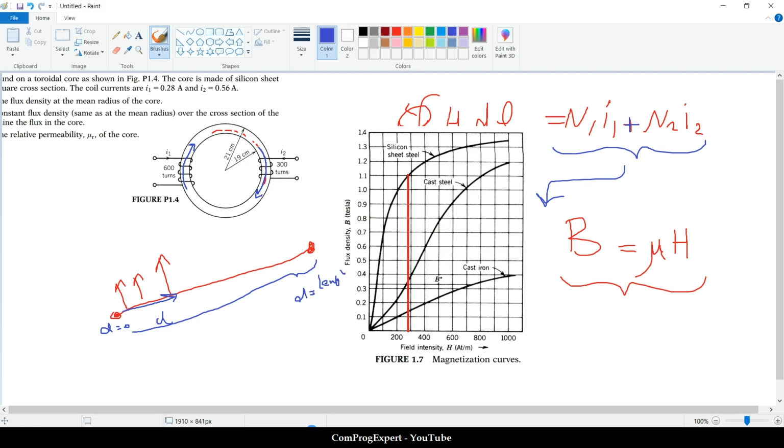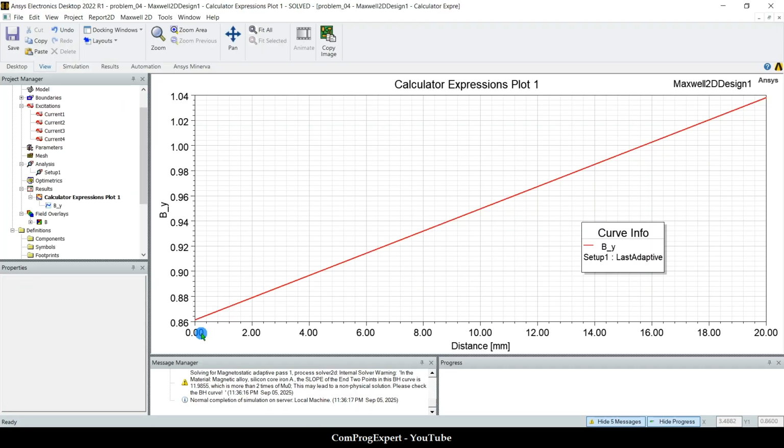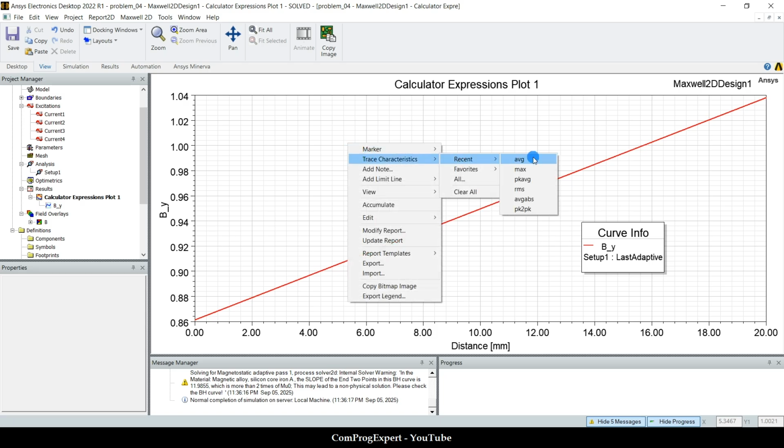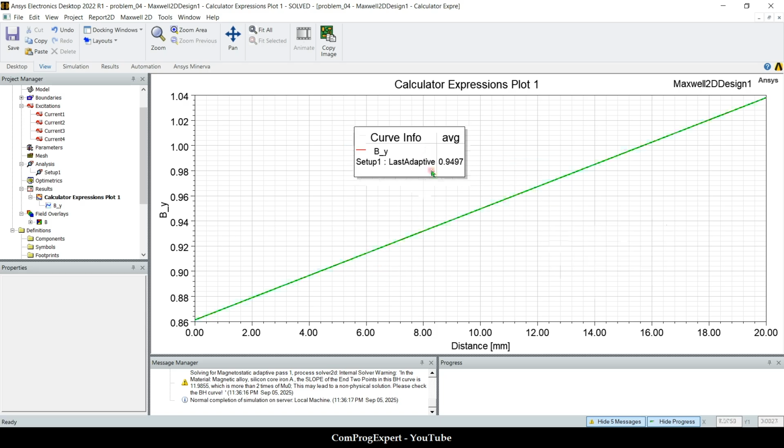So here, you can see the variation of the B along the radius. For the inner radius, we have the highest By. So what is the average value? The average value is 0.94.